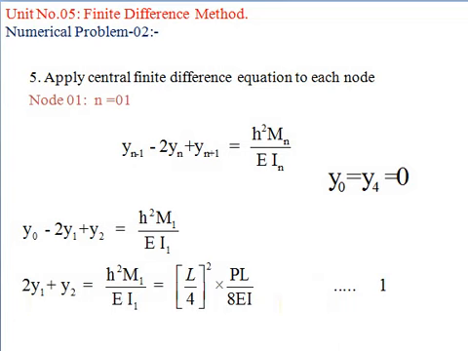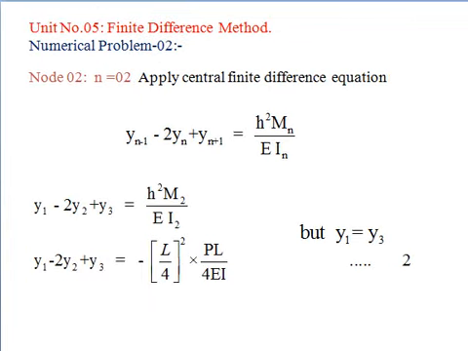Now we have applied for node number 1. Now we will apply the finite difference equation for node number 2. So here what will be the value of n? The value of n will be equal to 2. Okay, so 2 minus 1 is 1, y2, 2 plus 1 is 3. Okay, h is L by 4. Okay, M2 is PL upon 4EI. Okay, so here y1 is equal to y3 now.